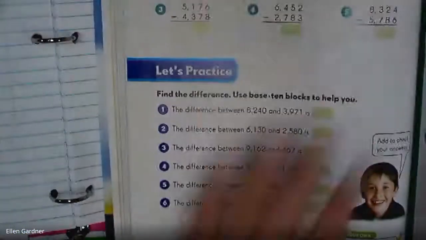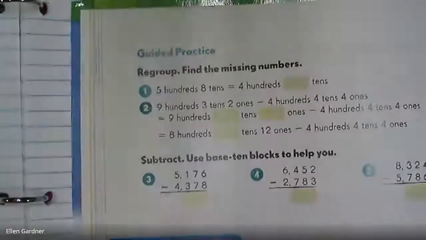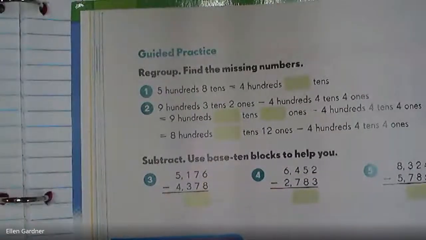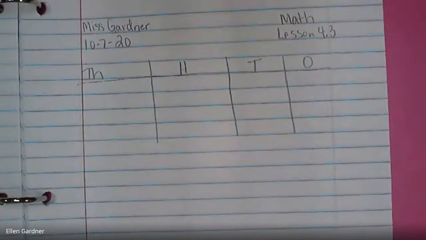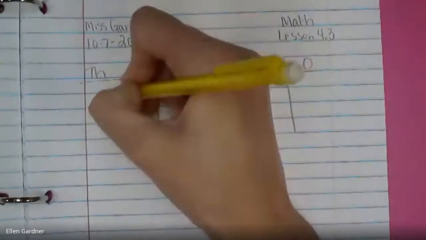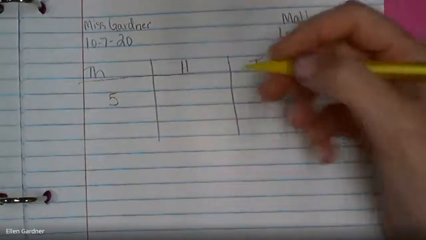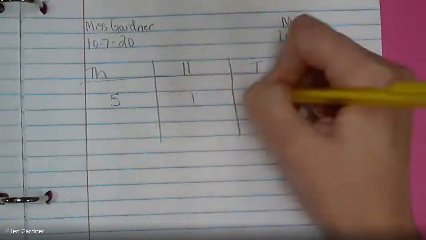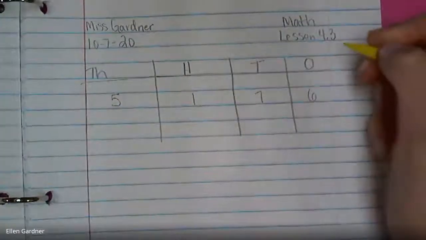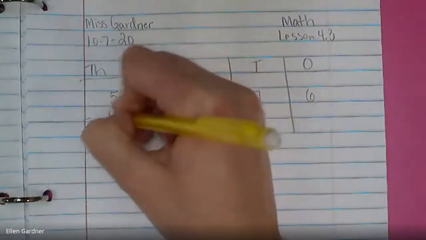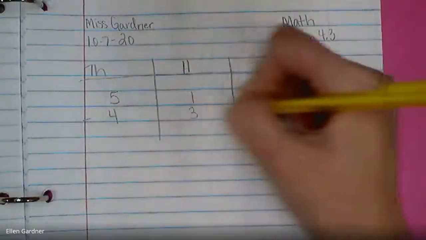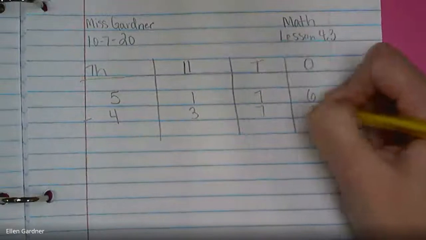Let's do some practice of subtraction across all place values. Starting with the number 5,176 minus 4,378.